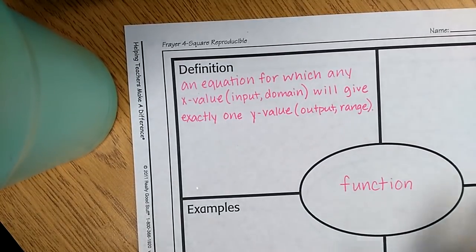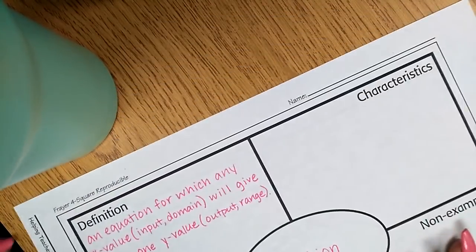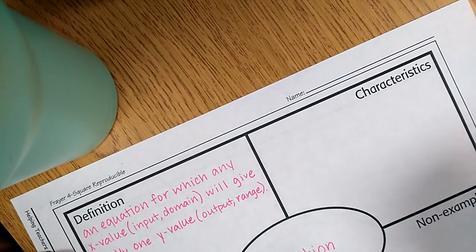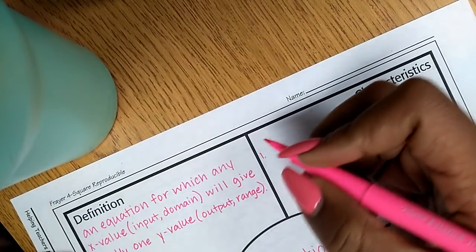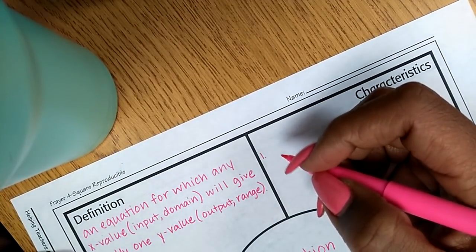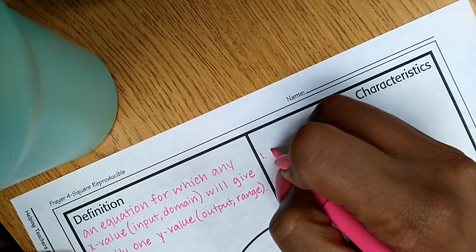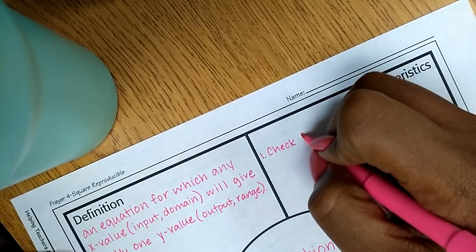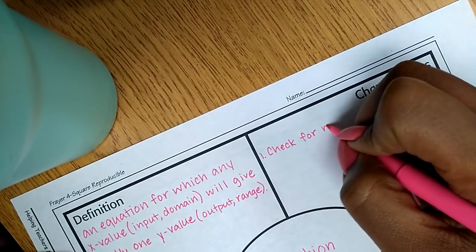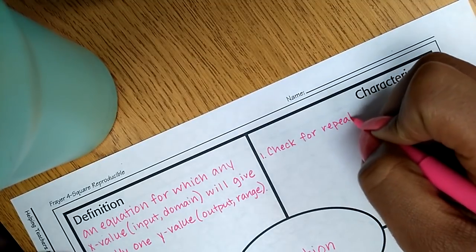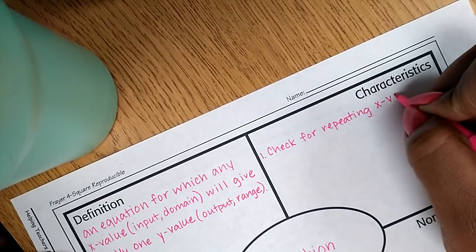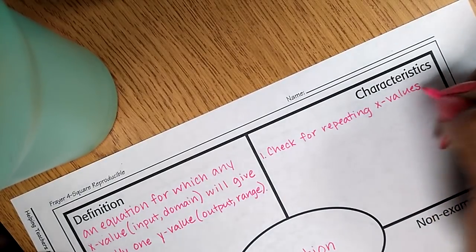Next, let's talk about what makes a function a function. There are two characteristics. First, you'll need to check to see if there are any repeating x values. Check for repeating x values.